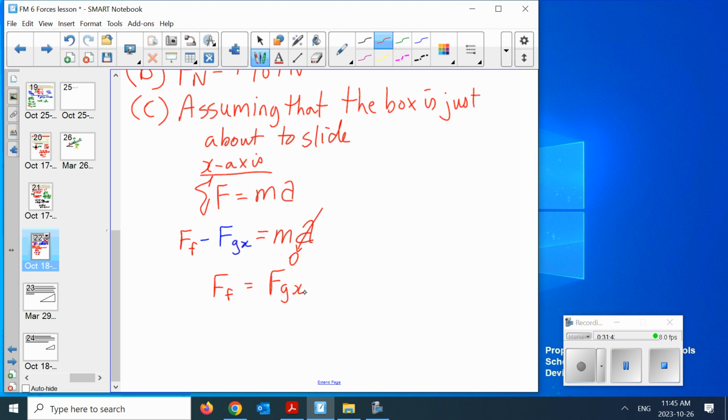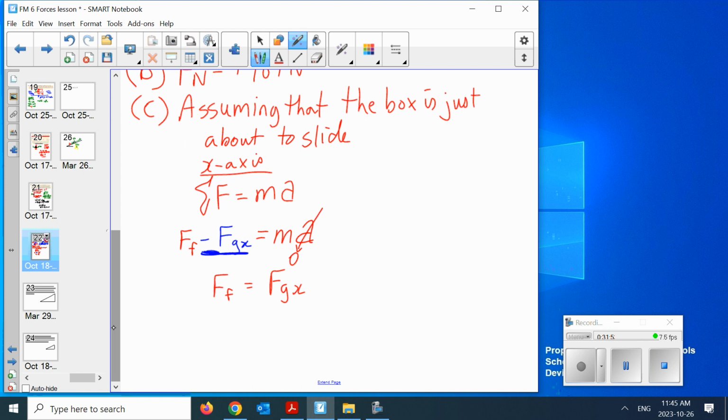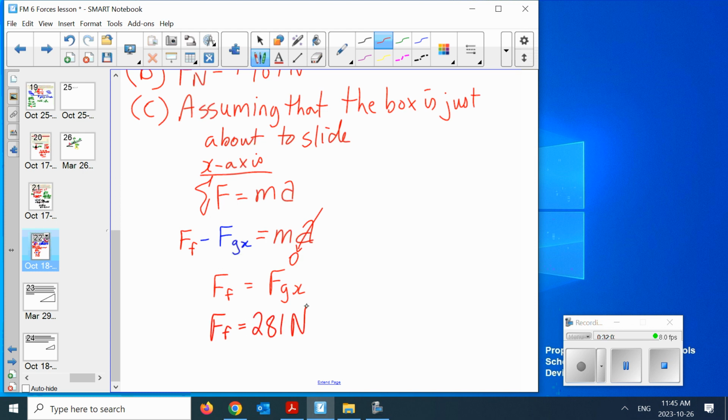And we're using the absolute value of the gravitational weight force because I already put in the negative sign right here. Okay. So what was that? I can slide up again. 281. Okay. In this case, force of friction, 281 newtons.